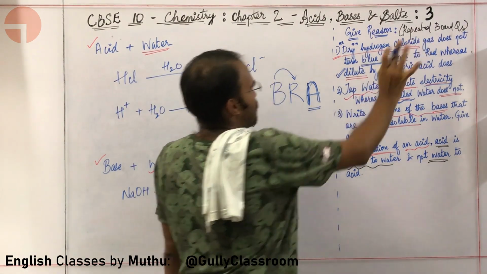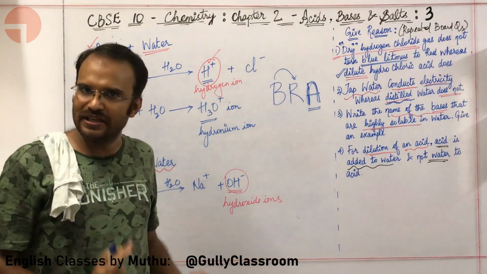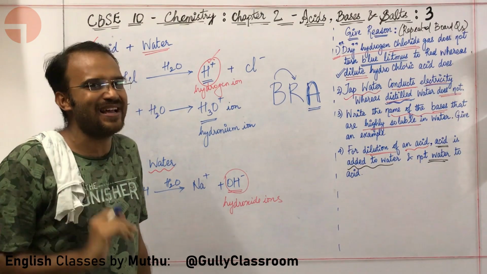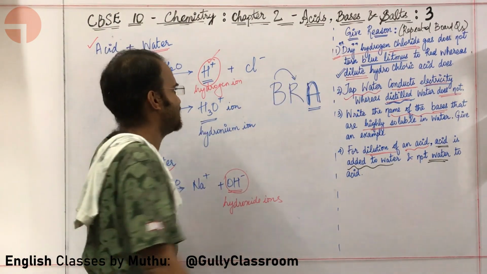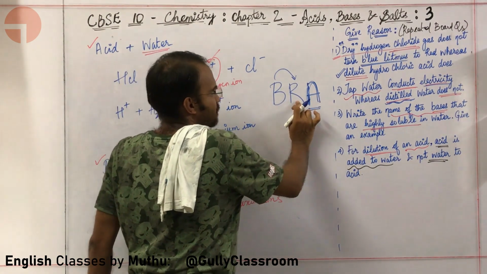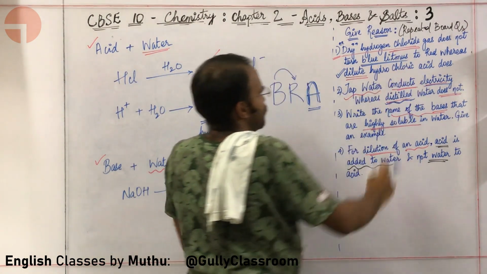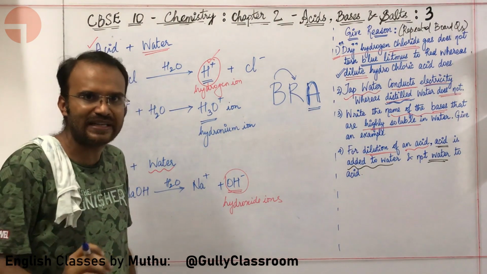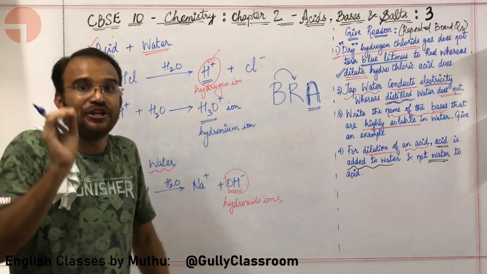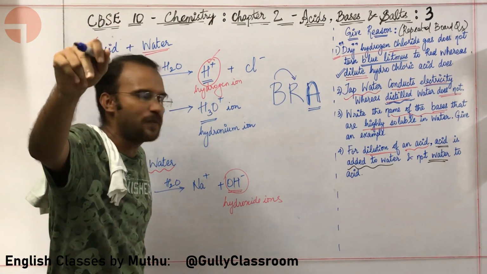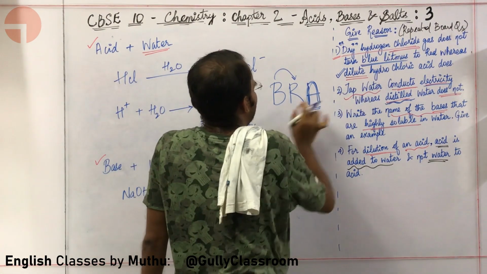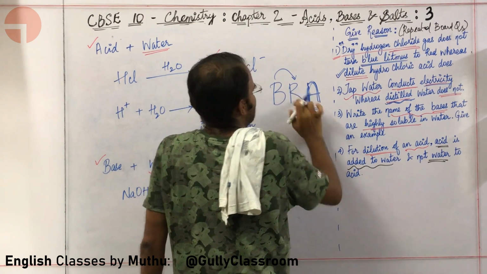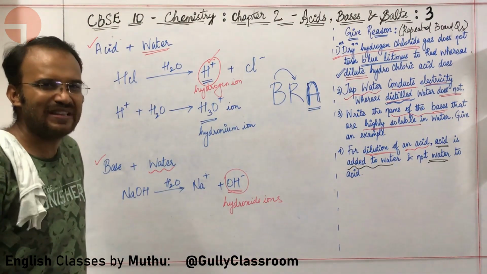Dry hydrogen chloride gas is not dissolved in water, so no hydrogen ion is formed. Because no hydrogen ion is formed, it will not behave as an acid, it will not convert blue litmus to red litmus. Whereas dilute hydrochloric acid, due to the presence of water, is broken into H+ ions, and these H+ ions will trigger the acid properties, and dilute hydrochloric acid will convert blue litmus to red litmus. Are you happy with this analogy?